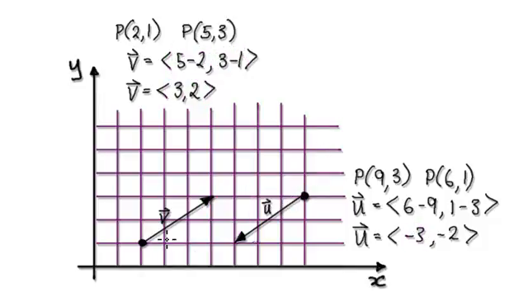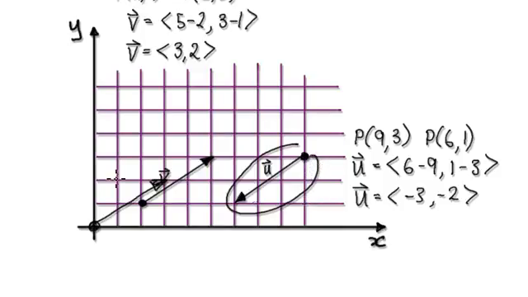In your mind, when given something like this, move this vector so that it starts at the origin, and move this vector so that it starts at the origin as well.